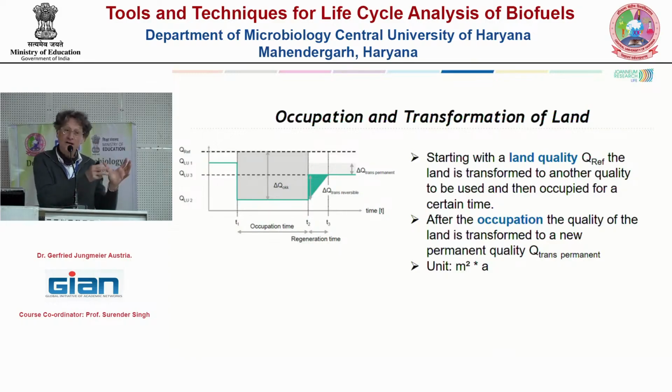So one is really what's happening to the quality of land. Tomorrow we will see one important indicator is how much carbon you store by different uses on a piece of land. Even in grassland you have more carbon than in agricultural land. In the forest you have more carbon per hectare than on grassland. So this is one thing.